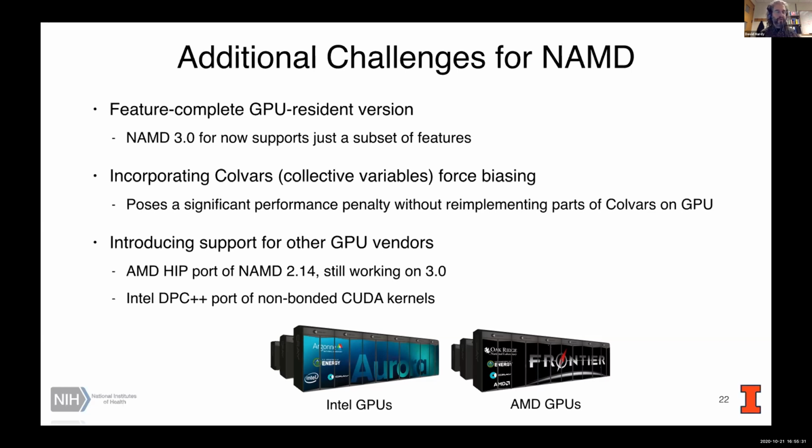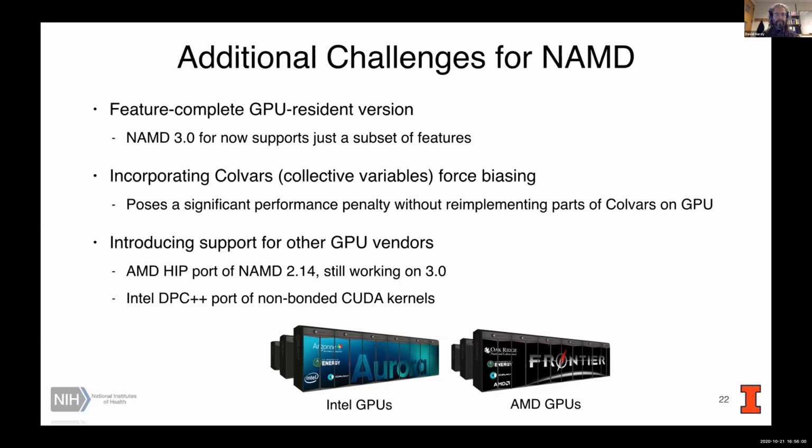Another thing that poses issues for us is incorporating colvars in a way that is not going to just crush our performance. The way colvars is implemented and the way it talks to NAMD right now poses a significant performance penalty. And so we've actually considered, what if we re-implemented parts of colvars on the GPU?